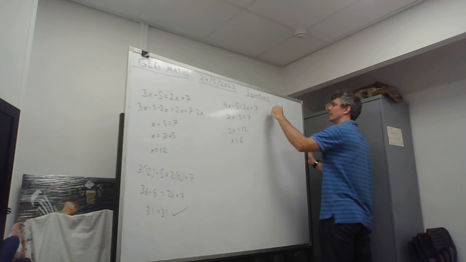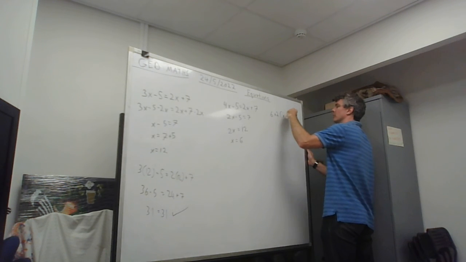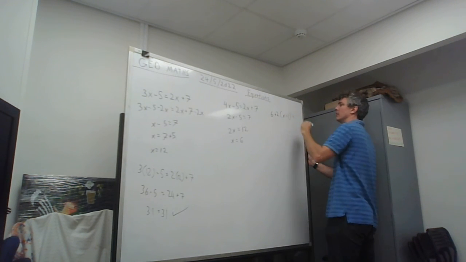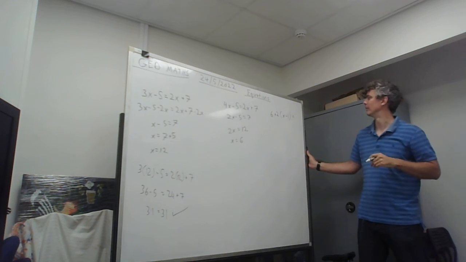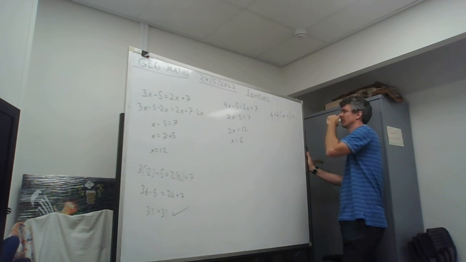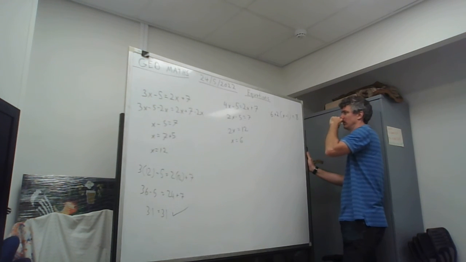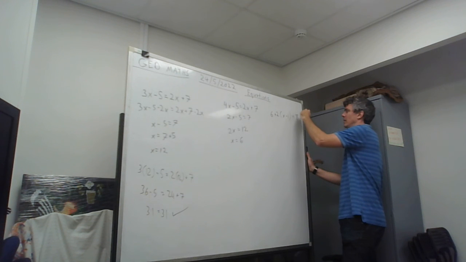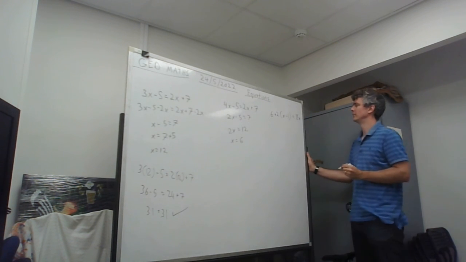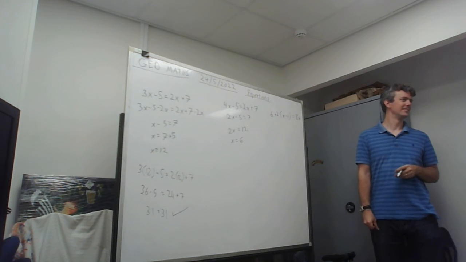We have 6 plus 2 times x minus 1 equals 8x.